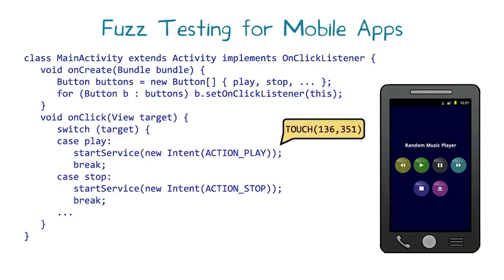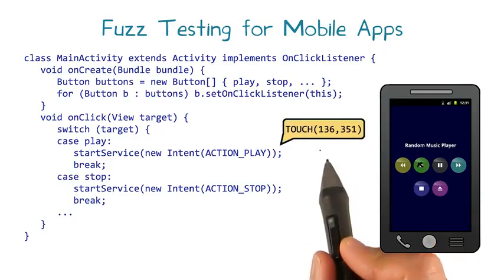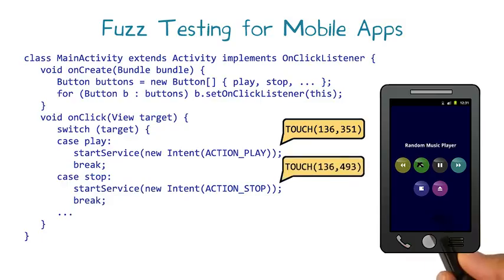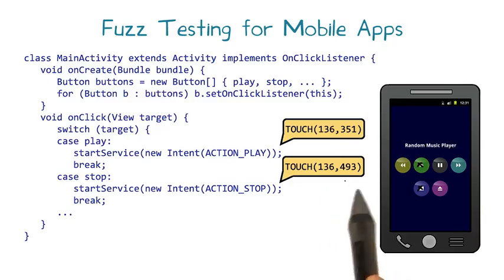For example, a touch event at a pixel whose x coordinate is 136 and y coordinate is 351 results in a play action. And a touch event at a pixel whose x coordinate is 136 and y coordinate is 493 results in a stop action.